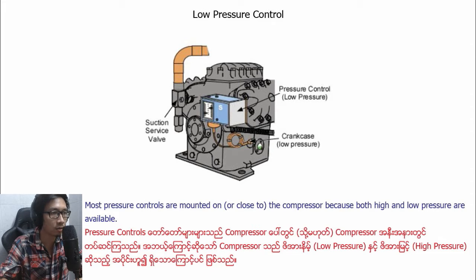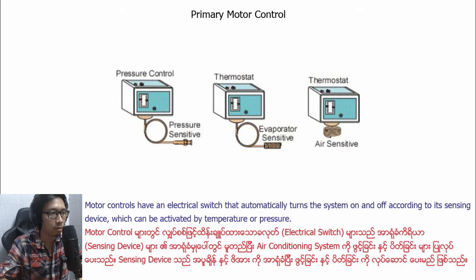Most pressure controls are mounted on or next to the compressor because both high and low pressure are available. Motor controls have an electrical switch that automatically turns the system on and off according to a sensing device, which can be activated by temperature or pressure.